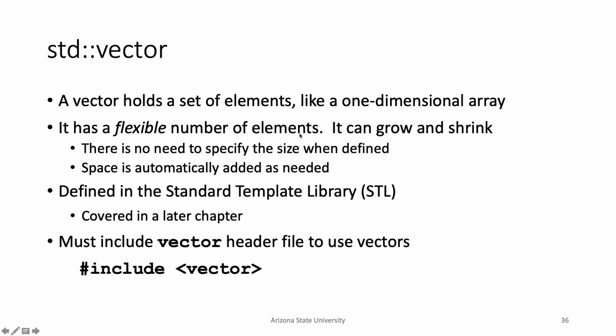If it really does hold an array on the back end, does that array have a flexible number of elements? No. So this is one of the nice things of abstraction, abstracting away from the details. To us, when we look at vector, it looks like it has a flexible number of elements, even though it doesn't actually have a flexible number of elements. So that's one of the nice things of abstraction.